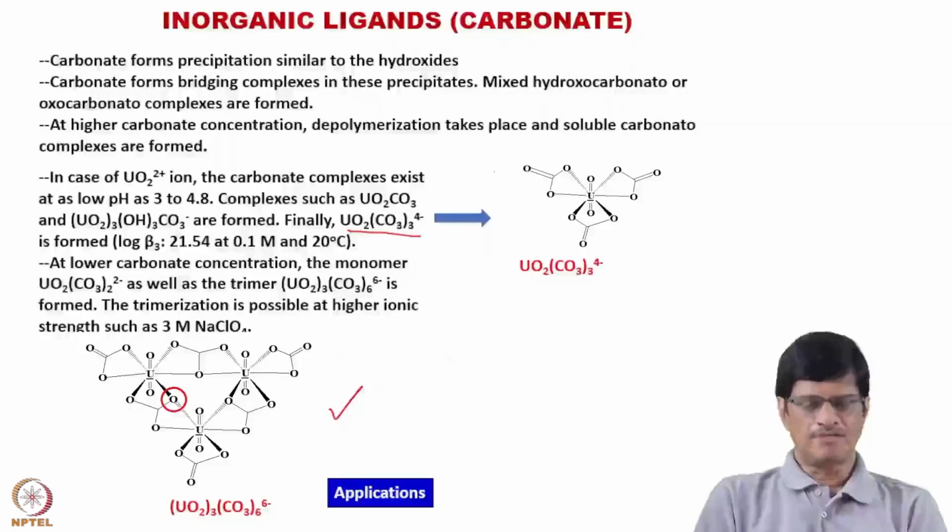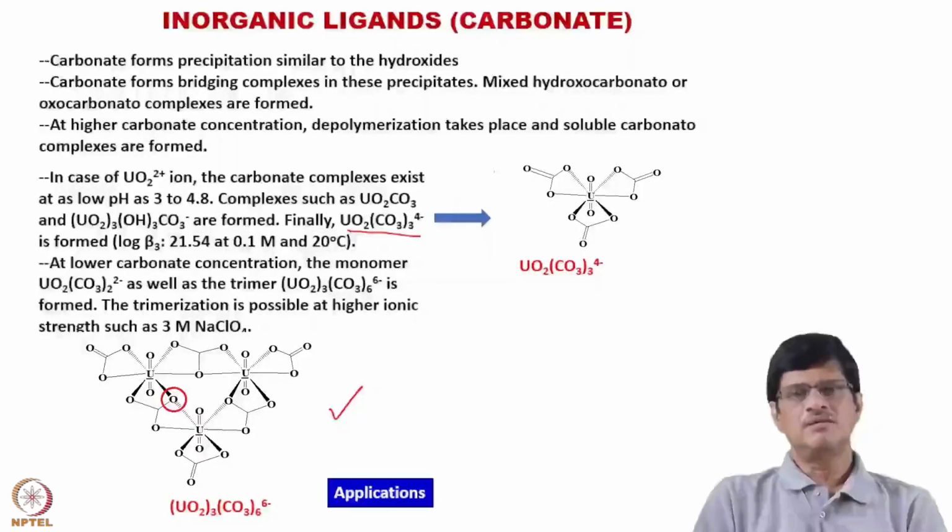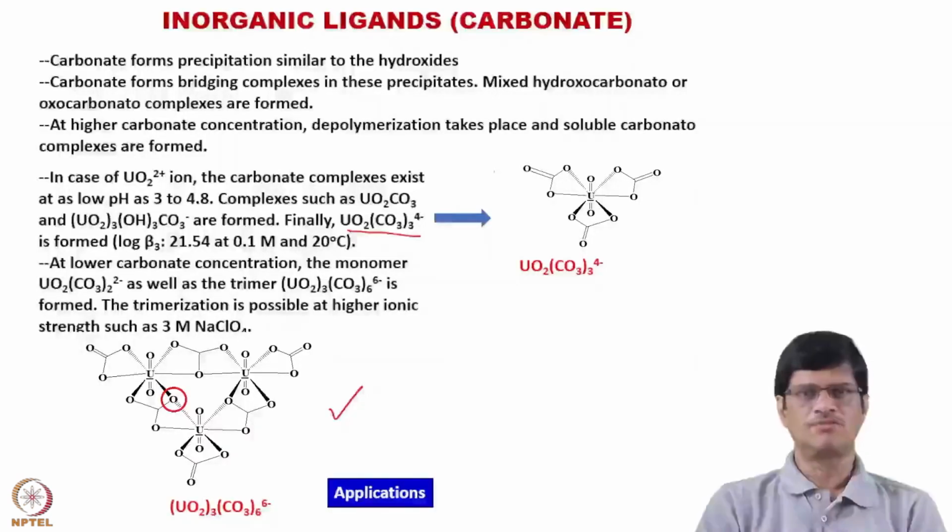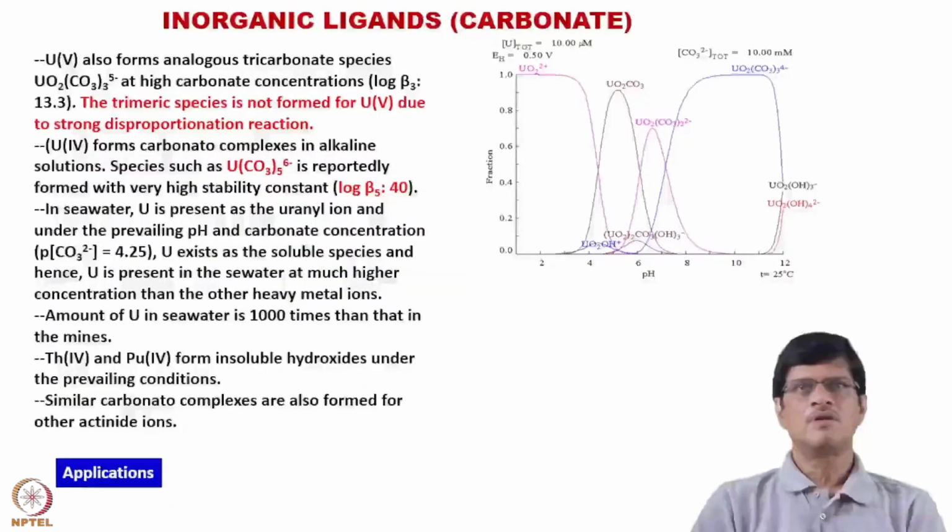An application of this carbonate complexation that we'll be discussing is uranium leaching from the ores by the alkaline leaching process. In that case, these carbonate complexes make soluble complexes from the ores, and the uranium comes out of the ore phase.